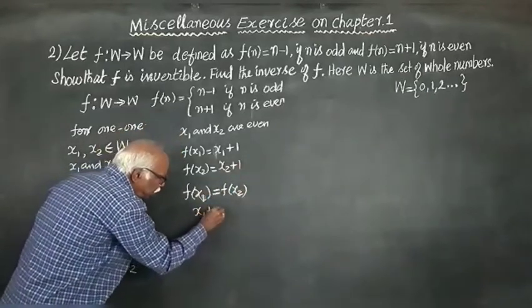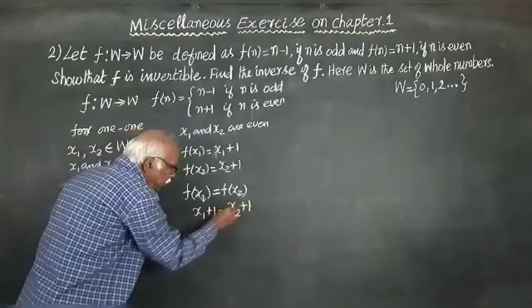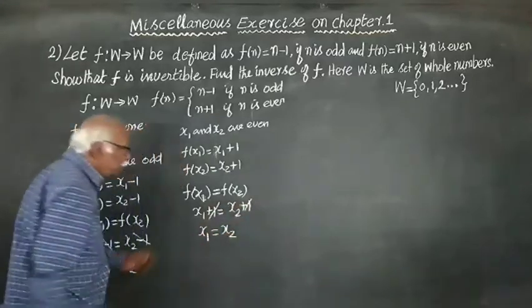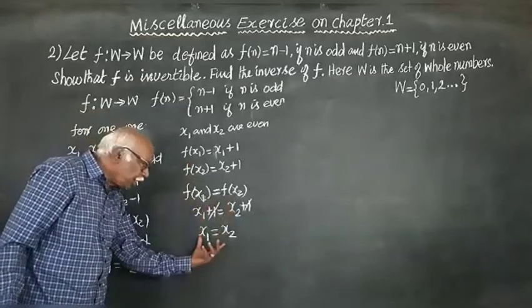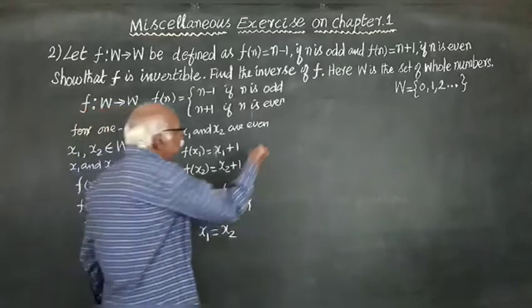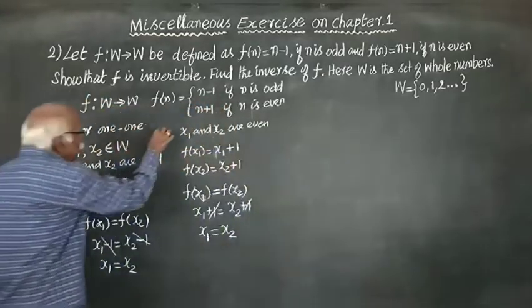Then x1 plus 1 equal to x2 plus 1. We can cancel plus 1, so x1 equal to x2. Both are even. This is case 1, this is case 2.